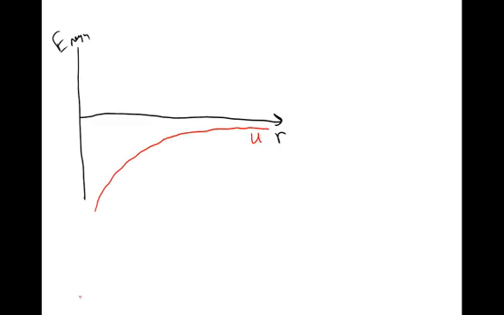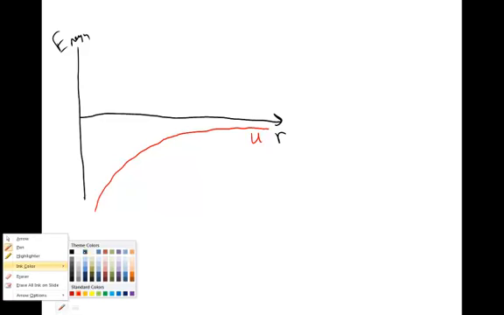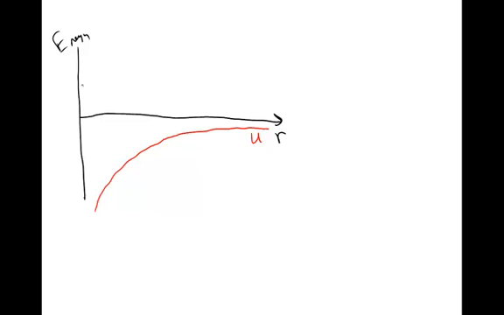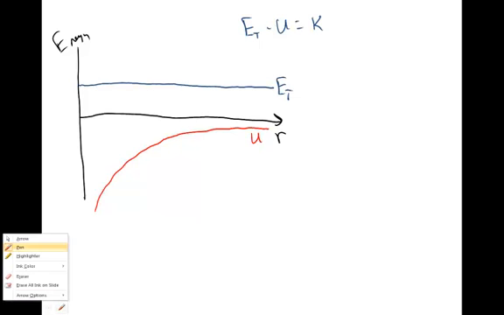This is our U, and now our total energy is a positive constant value. So we've chosen our system so that everything is inside the system, and we have a potential energy associated with gravitational attraction. And remember again, K is equal to E total minus U. Now let's try to figure out what the kinetic energy curve is going to look like.